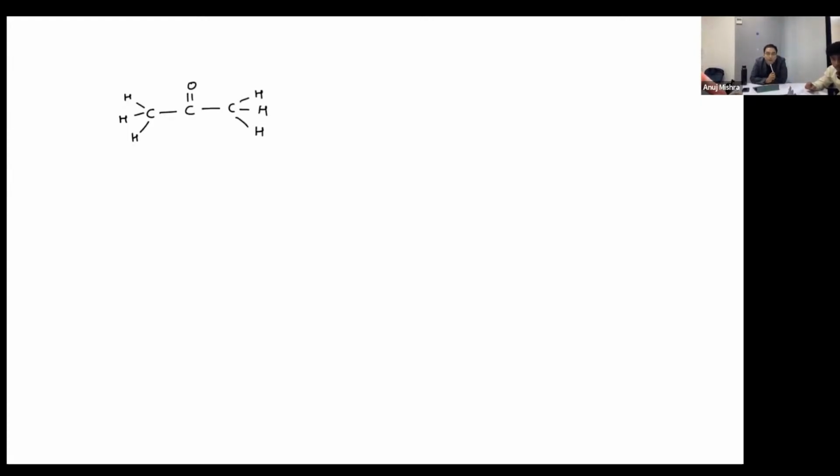Propanone. It's propanone, a 3-carbon ketone. Do we need to call it propan-2-one? Not necessarily. Propanone it is.